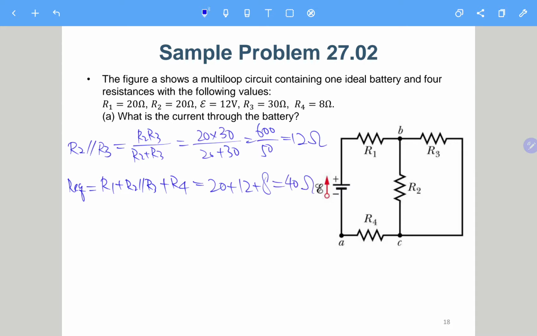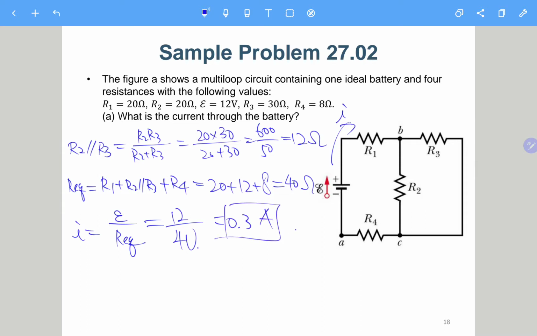Okay, so what is the current going through? The current I should be E over Req. So E is 12 volts over 40 ohms, which is 0.3.